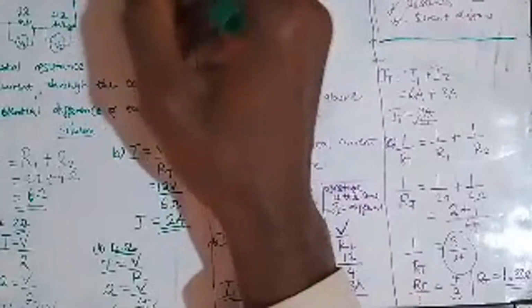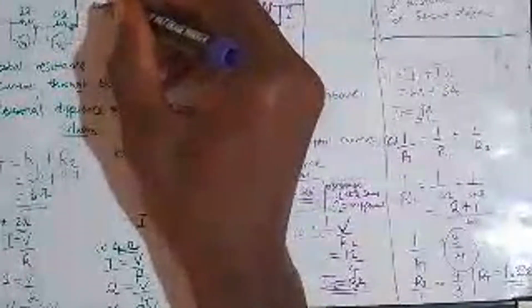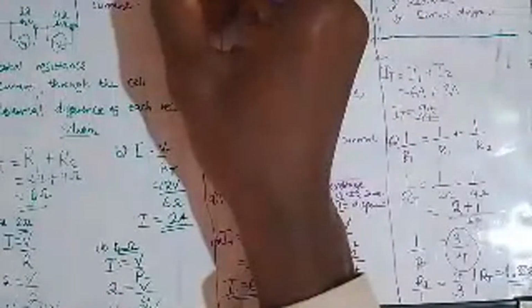So in series, we say that the current is the same, meaning all the components receive the same current.